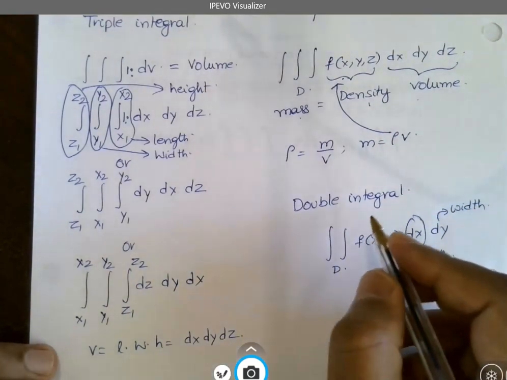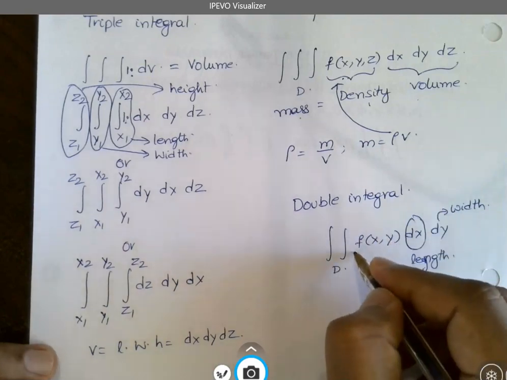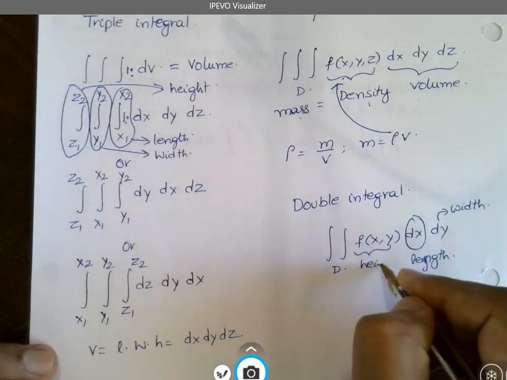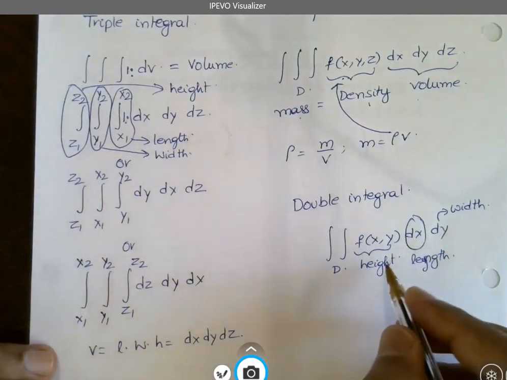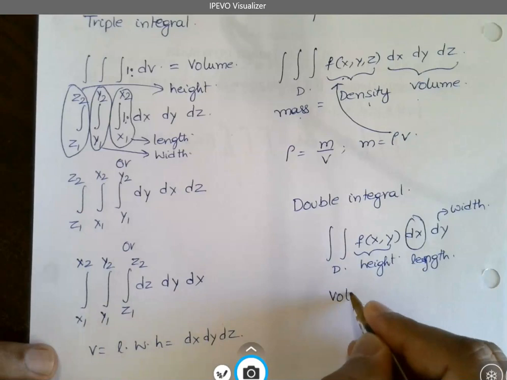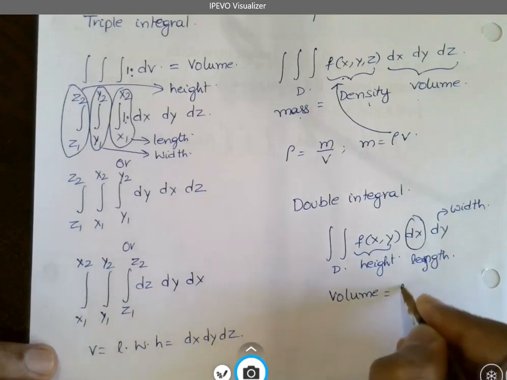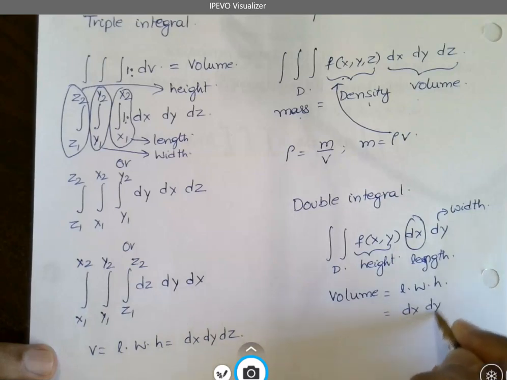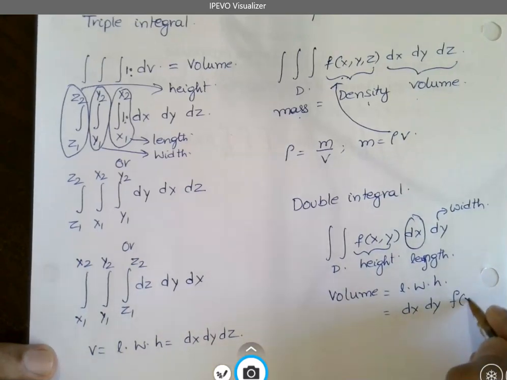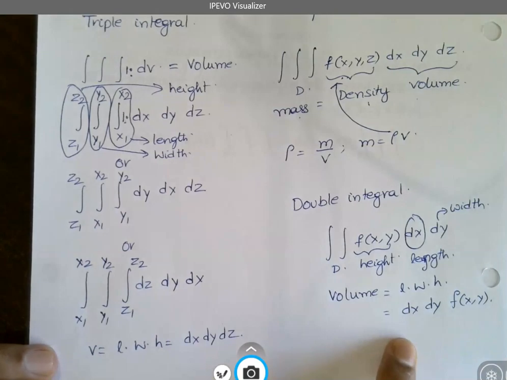Your height is not coming from the limits, but instead your height is going to be from the function f. A volume is nothing but length times width times the height. So in this case it's going to be dx dy, and height is going to be the function f of x, y. So the double integral also will give you the volume.